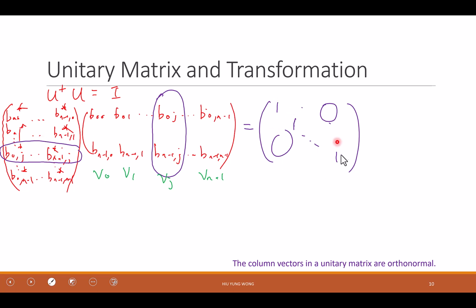How do you get this element? The way you get this one is the first row times the first column. Then you get 1. First row times the second column, you get 0. So you see that you only get 1 if you have the ith row times the ith column.